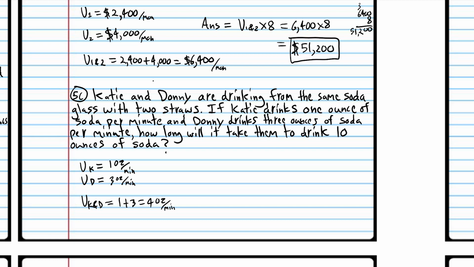So how long will it take them to drink 10 ounces of soda? So this is a little bit different. Now listen very carefully. This is 4 ounces for every 1 minute. They drink 4 ounces of soda for every 1 minute. Now they're not drinking 4 ounces of soda, they're drinking 10 ounces of soda. So how many minutes is it going to be?